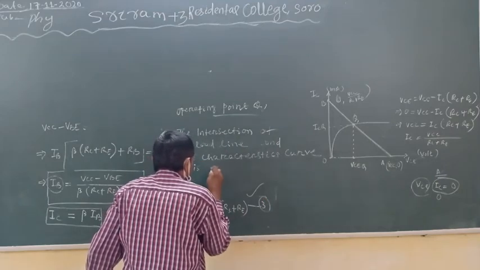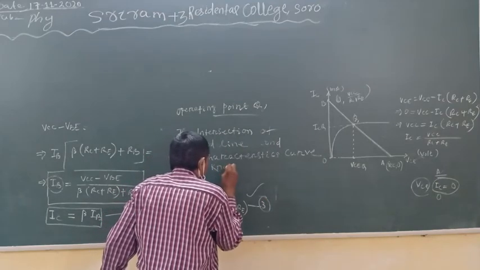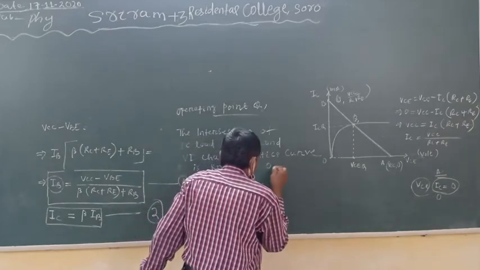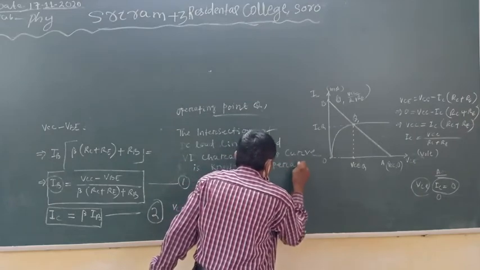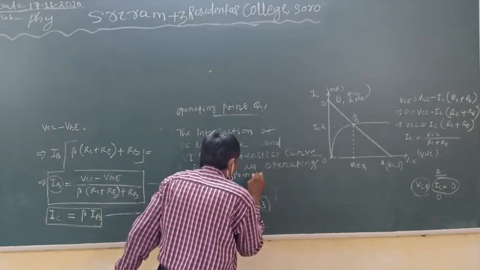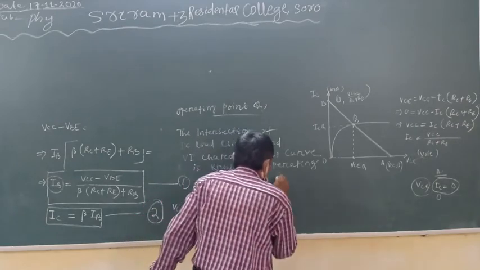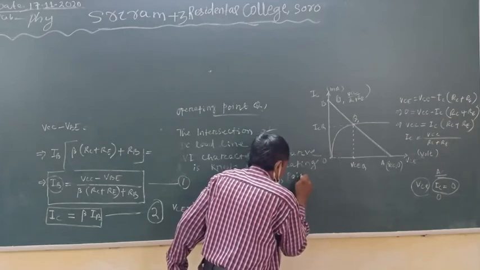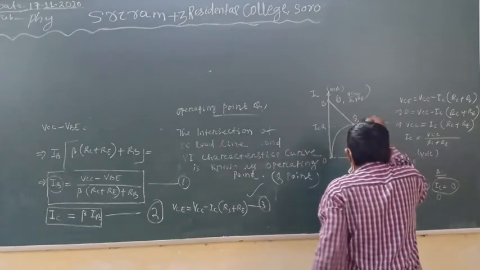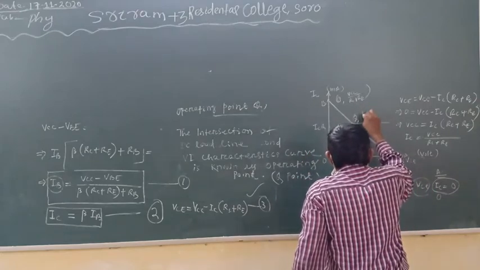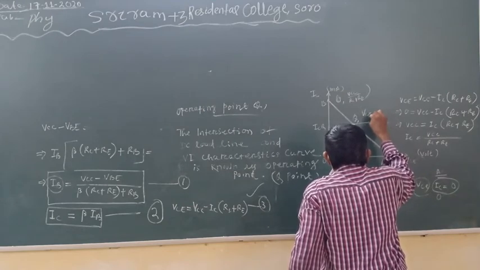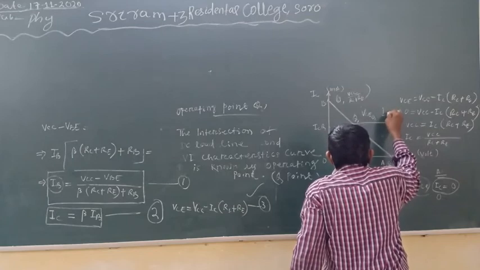It is also known as the Q point, with values VCEQ and ICQ.